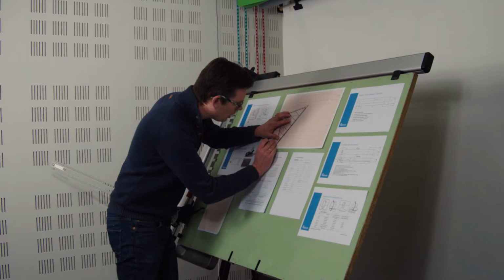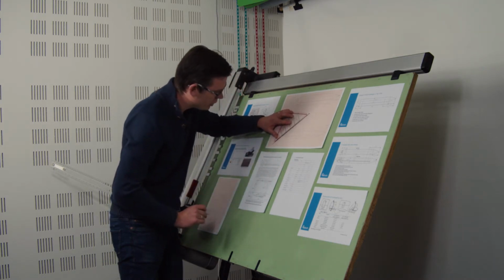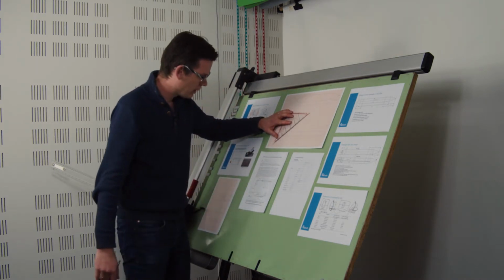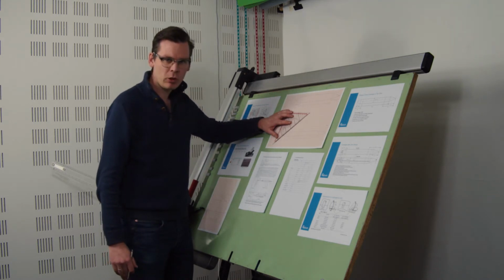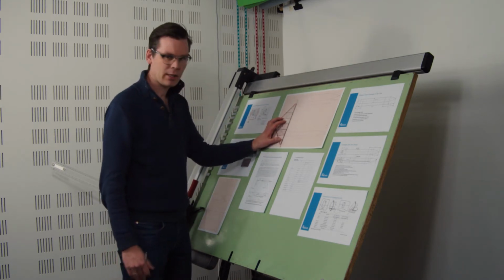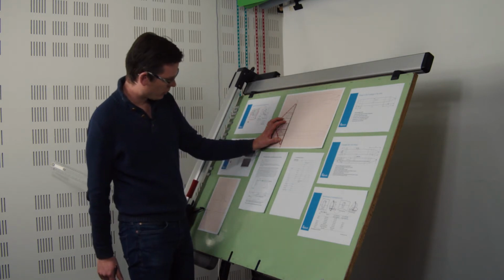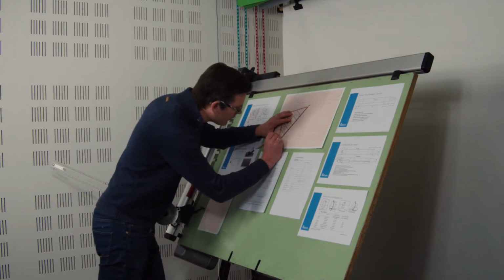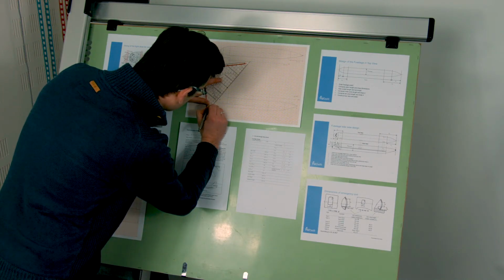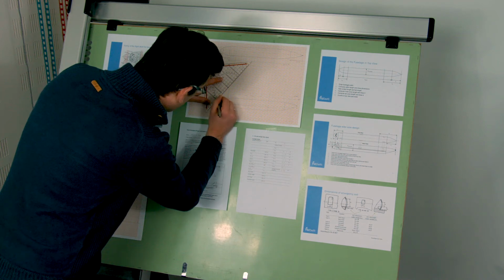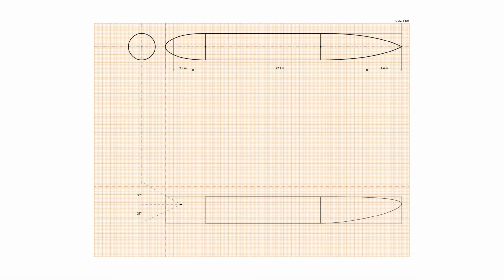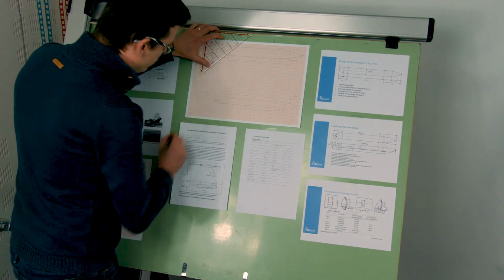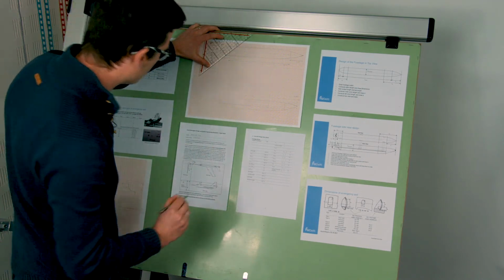So I'm drawing in a windshield, and you see the shallower I make the windshield, so the maybe more aerodynamic, the longer my window pane needs to be. And if I make it perfectly straight, I get the smallest window pane, but from an aerodynamic point of view, not great. So I'm choosing something in between that I think looks sort of believable at this stage of the design. So I'm just drawing in this line as the windshield, and that gives me basically 2 points to which to construct the nose cone.